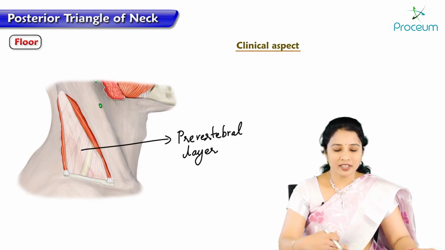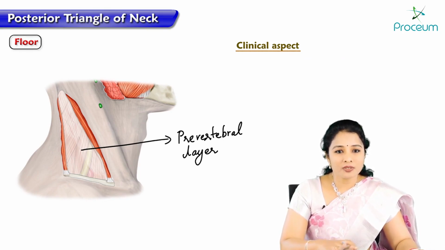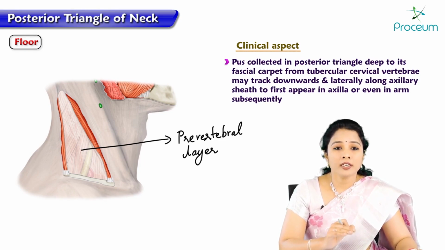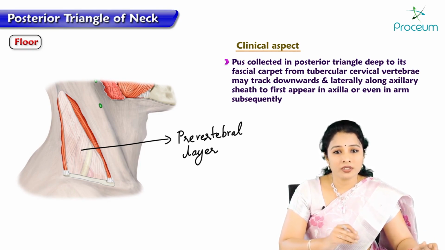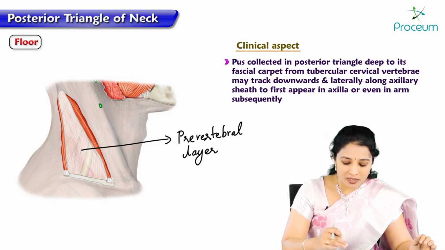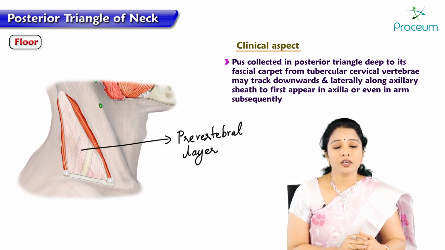So the prevertebral layer, which I was saying earlier forms the floor of the posterior triangle, forms a deep fascial carpet over the structures forming the floor. So the pus collected in the posterior triangle deep to its fascial carpet, from tuberculosis of the cervical vertebra, may track downwards. The pus will track downwards and laterally towards the axillary sheath, because we said the prevertebral fascia continues as the axillary sheath towards the upper limb, covering the subclavian vessels and brachial plexus.